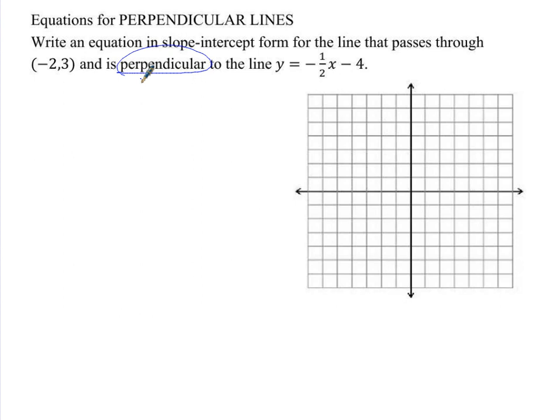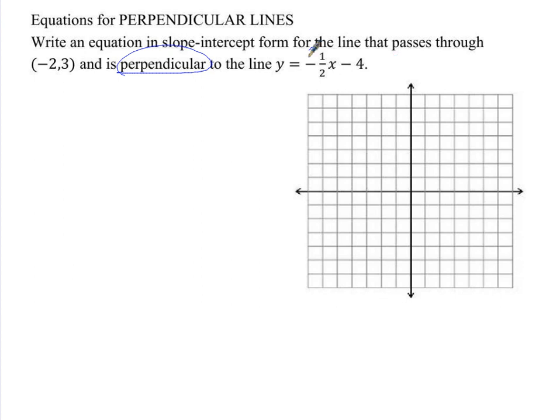If you see parallel, you should be thinking same slope. If you see perpendicular, you should be thinking what? Opposite reciprocal slope. Opposite means change the sign. Reciprocal means flip the number. Okay? So we need a perpendicular line to this line, which means that my line is going to have what for its slope?